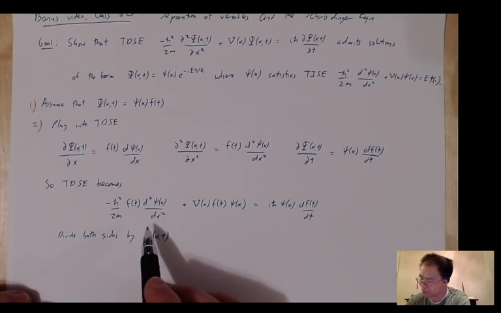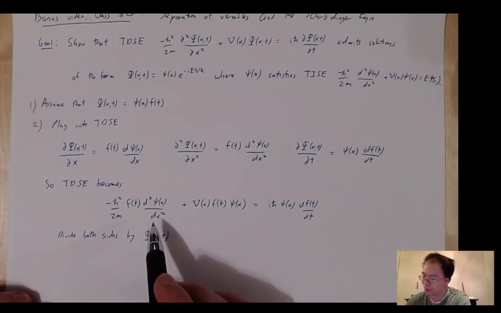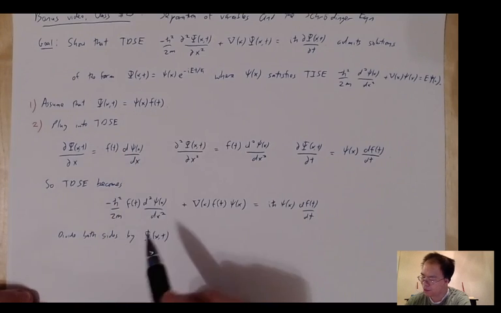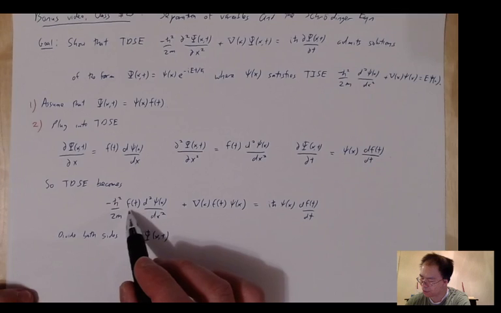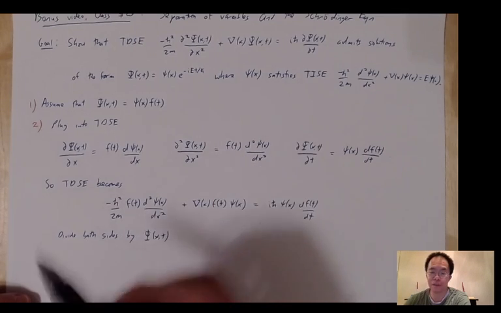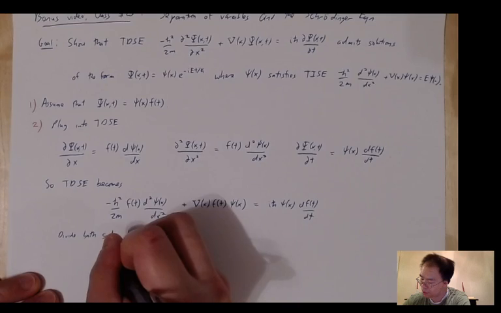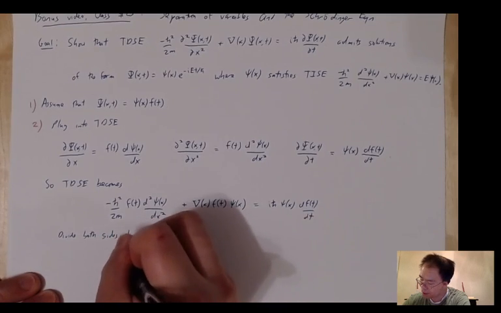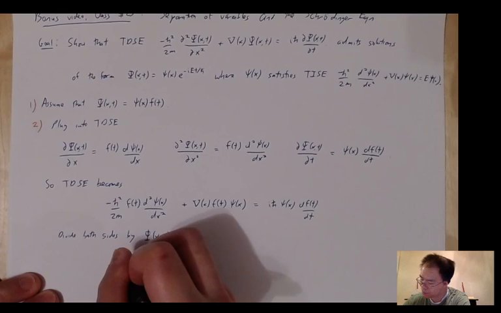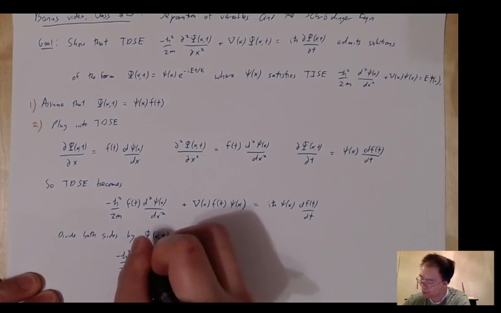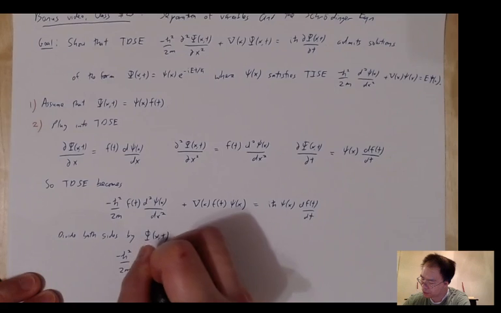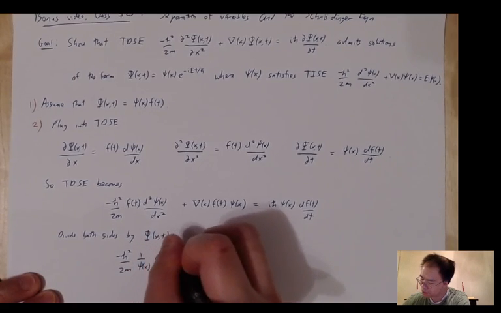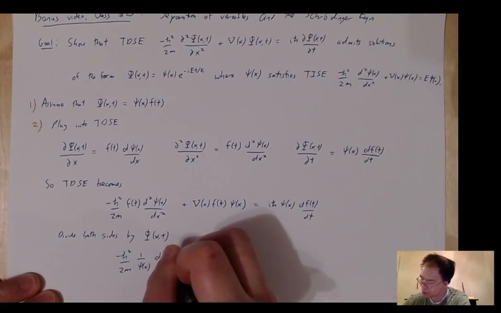In the first term, if I divide by psi f, I knock out this factor of f, and I get a 1 over lowercase psi. So I have minus h bar squared over 2m, 1 over psi(x), d squared psi dx squared.